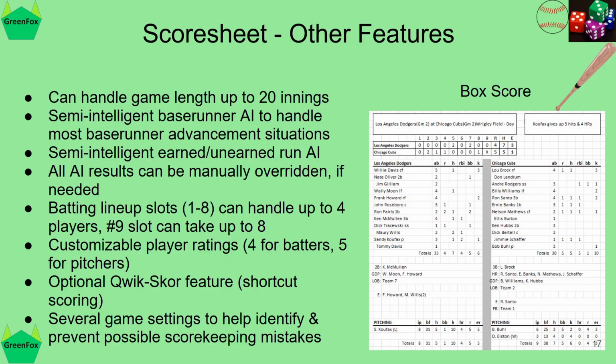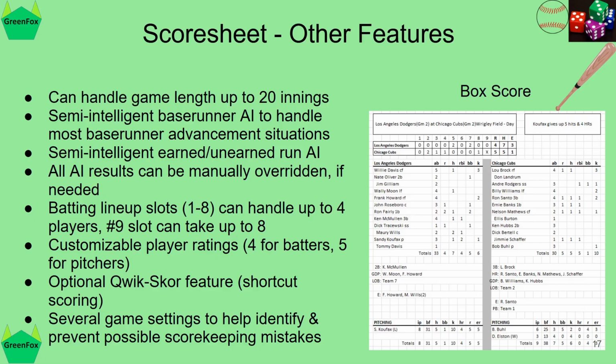All the AI results, like both moving runners and assigning earned or unearned runs, can be overridden manually, as I just said. So you're the final scorekeeper or judge. The batting lineup can handle 4 batters or players per slot for the slots 1 through 8.